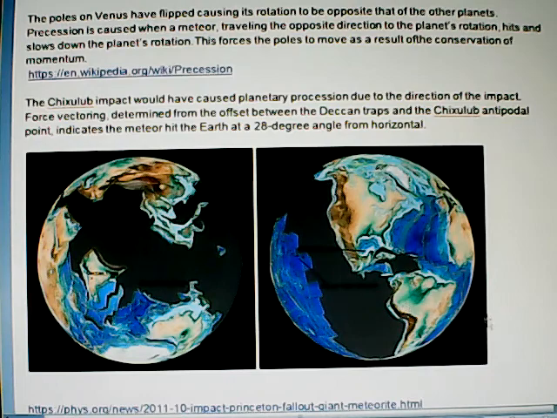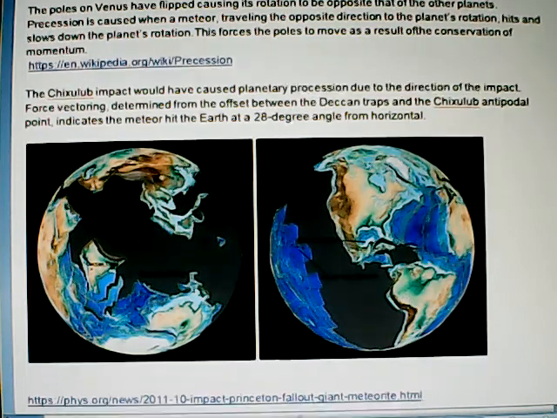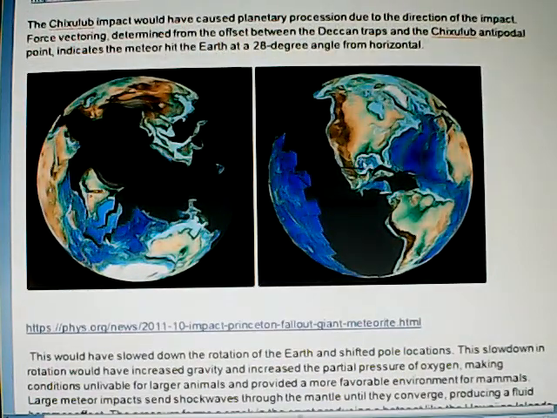And this was done by Princeton. They laid out what they thought would be the alignment of the continents during that time, and where the antipodal points would be for the impact and for the Deccan traps.